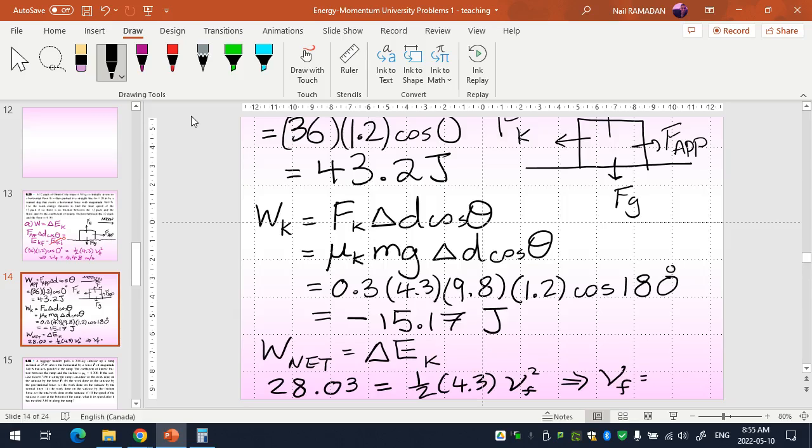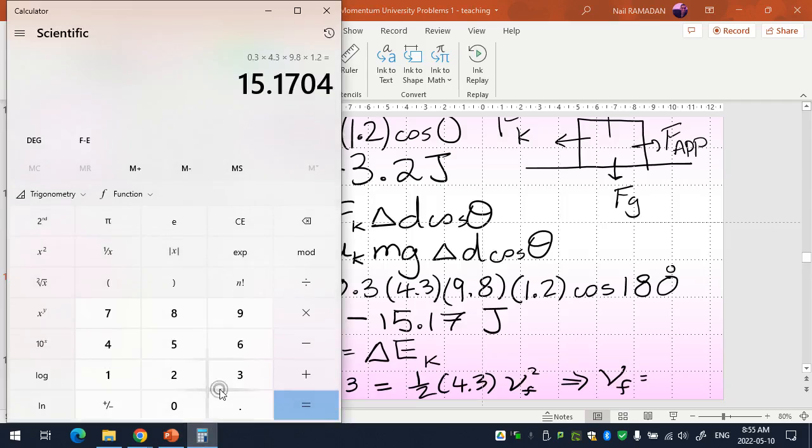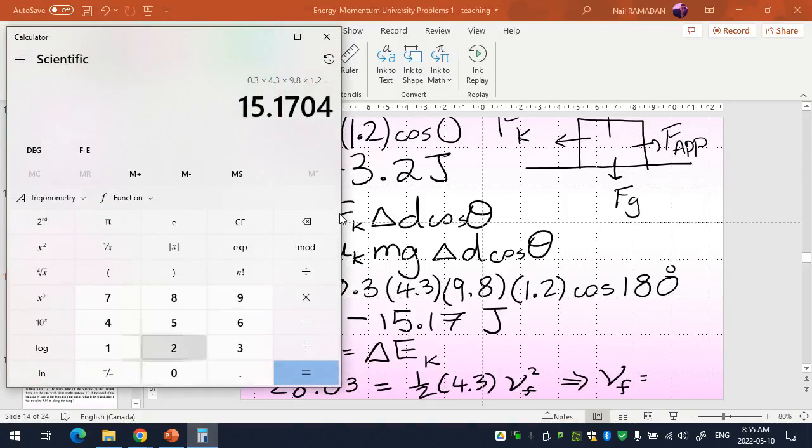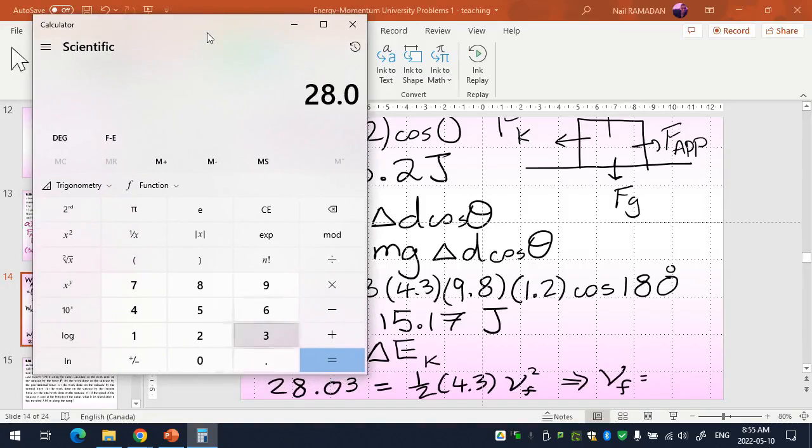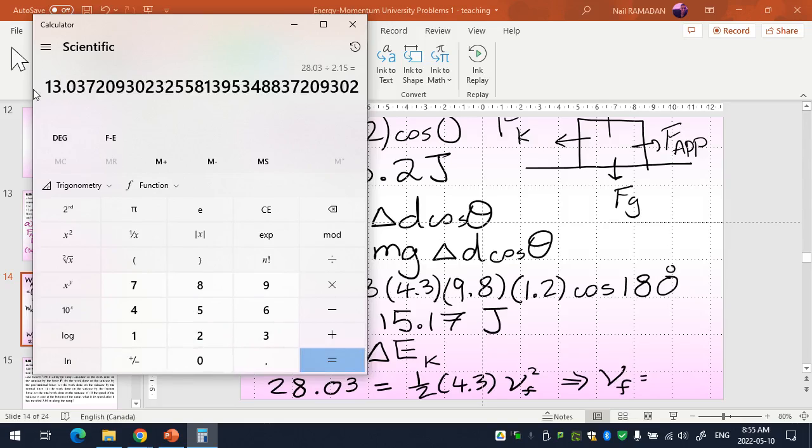Definitely less than the 4.48 from before. So we are going to do 28.03 divided by half of 4.3, which is 2.15, and then square root this guy. It's already less than what? Definitely the square root of 13 is less than 4. That would be 3 point something.